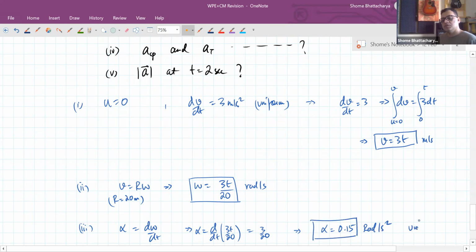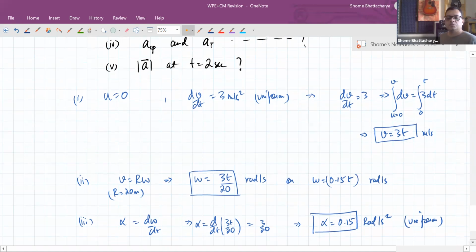This is uniform. That means my angular acceleration is not changing with time. That's about the angular acceleration.